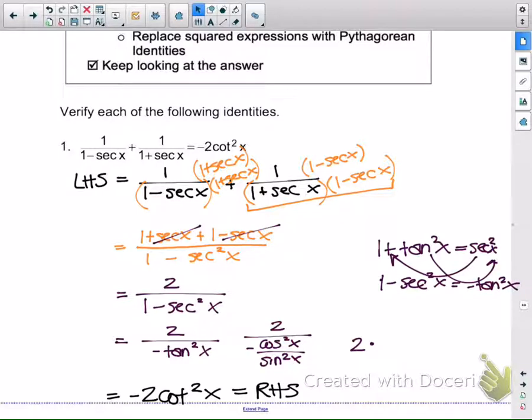What do I do at the bottom? Flip and multiply. Oh, I switched that, sorry. I did. That's sine squared over cosine squared. No wonder you're looking at me funny. I keep writing the wrong thing here. Sine squared over cosine squared. And then when I flip and multiply, it looks like this, which I can then switch into cotangent squared.